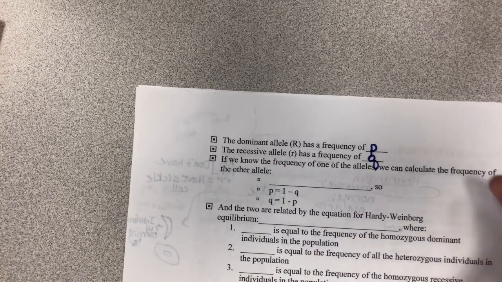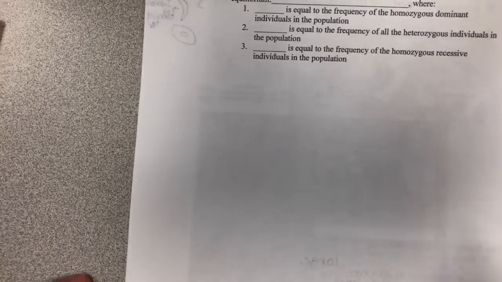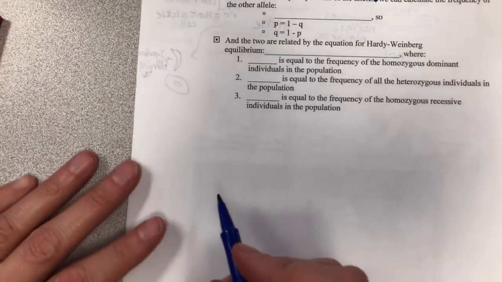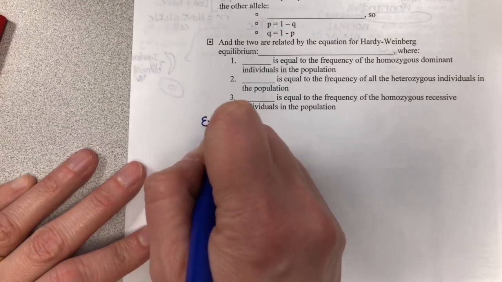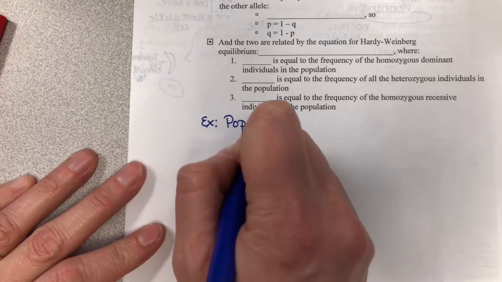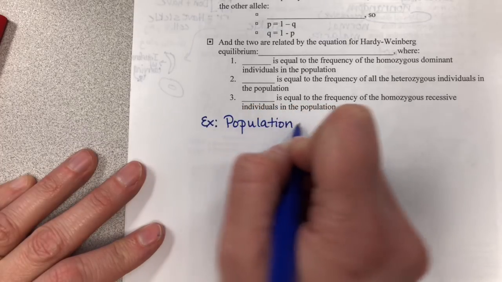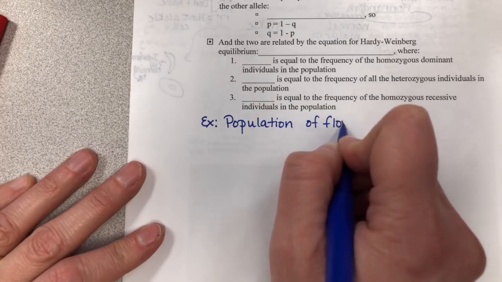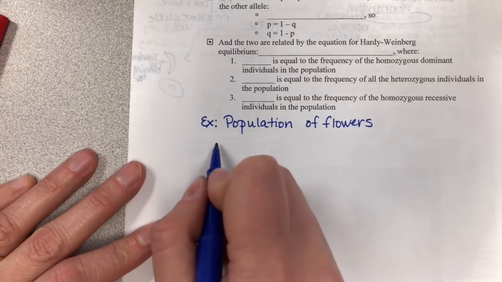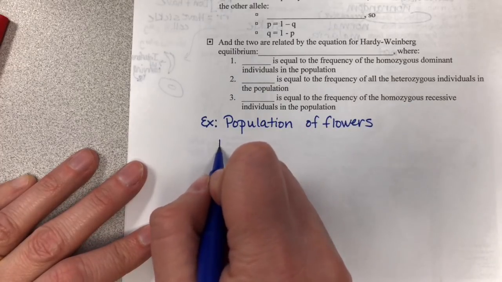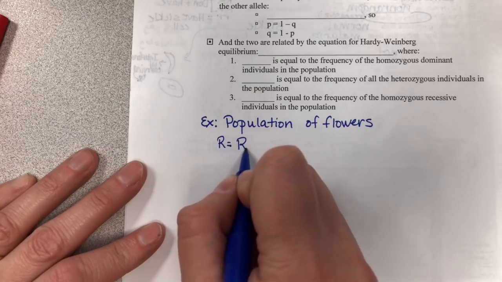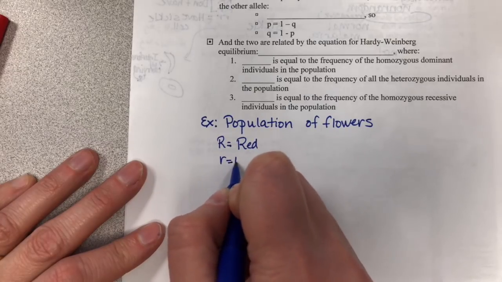Before we do this part, you have some room here, so let's write some things down. I'm going to go through an example of a population. Let's say we have a population of flowers, and the big R is red, little r is white.